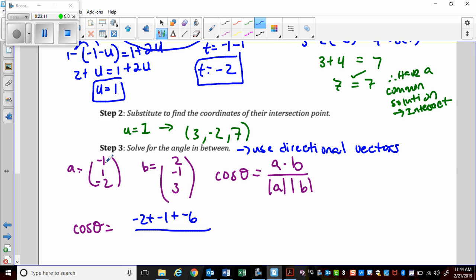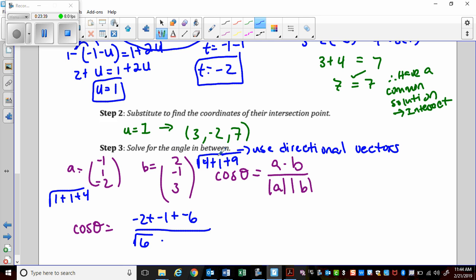which is the square root of negative 1 squared, which is 1, plus 1 squared, which is 1, plus negative 2 squared, which is 4, so that's the square root of 6, times the magnitude of B, which is the square root of 2 squared, which is 4, plus 1 squared, which is 1, plus 3 squared, which is 9.